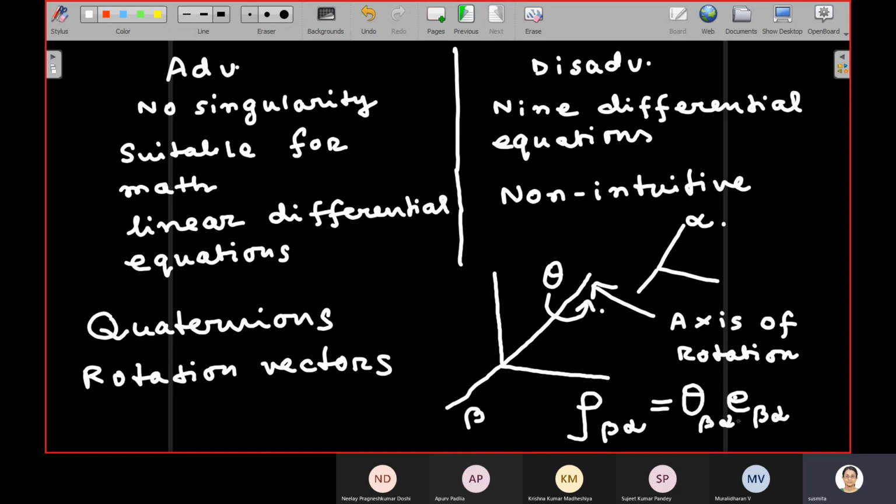Okay. Now the rotation vector has a unique advantage that other methods do not. What is that? It allows us to interpolate attitude.